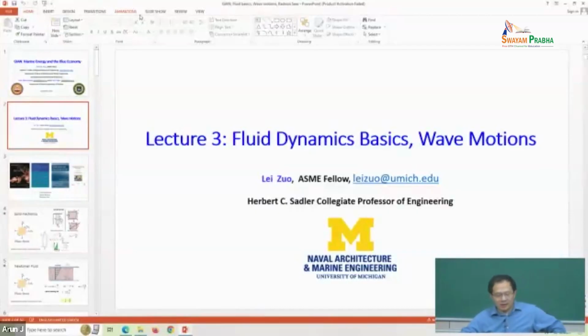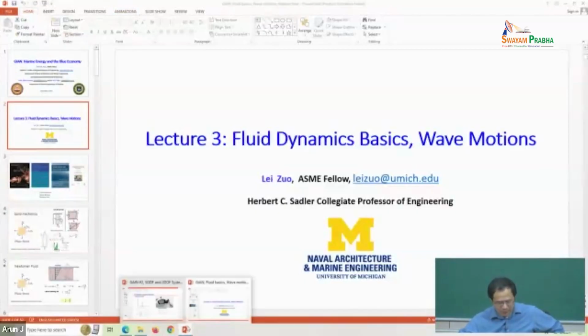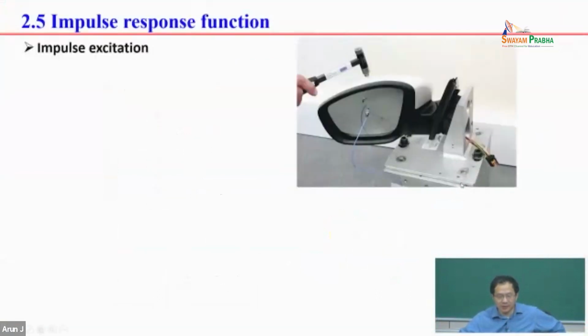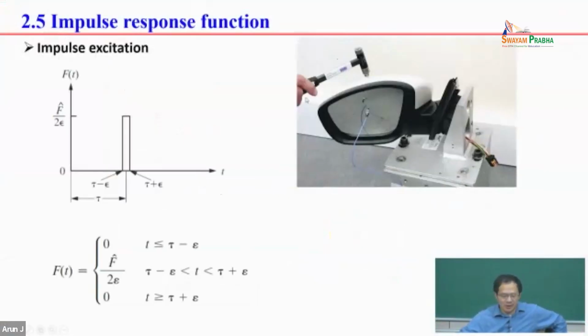Now let us come back to learn impulse response first. For the impulse response, imagine you have a hammer and you hit something. Mathematically, an impulse is a force that happens over a very short period of time.